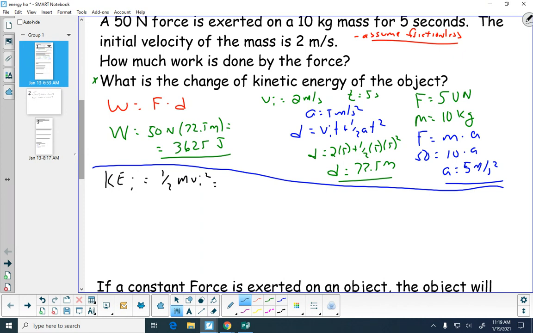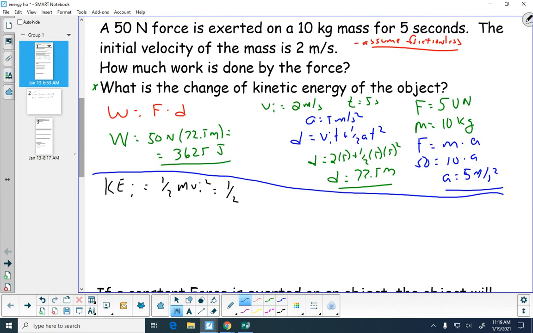So we have 1/2 times our mass, which is 10 kilograms, times our initial velocity squared, so that is 2 squared. So we should get 20 joules.